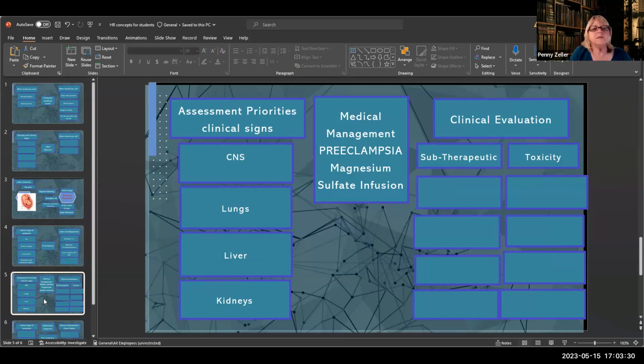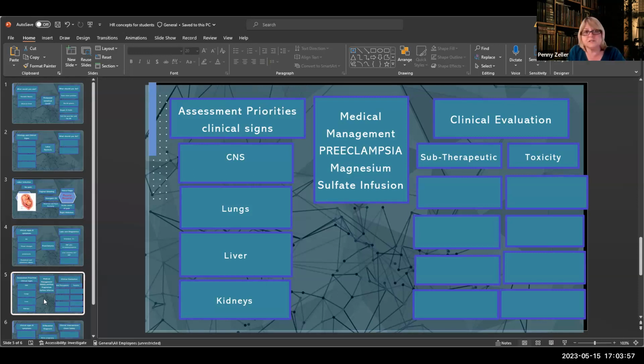Okay, so assessment priorities, because these are the 4 systems or organs that are affected by preeclampsia. Remember the central nervous system, with headache, visual changes, increased deep tendon reflex activity, irritability of the central nervous system. So she's preeclamptic.